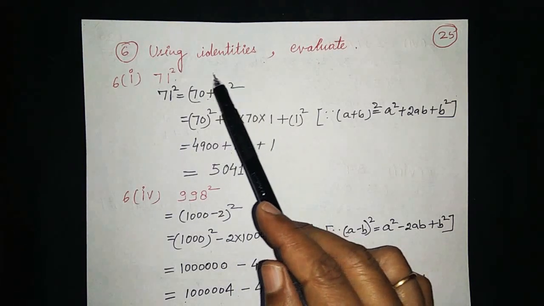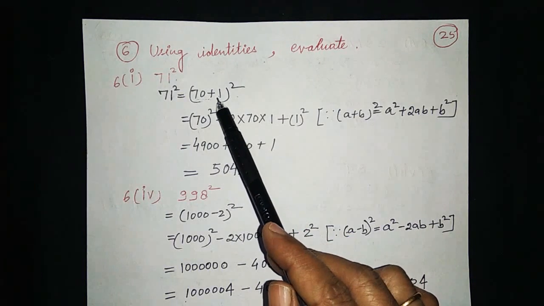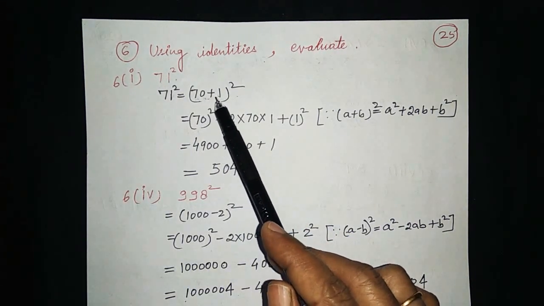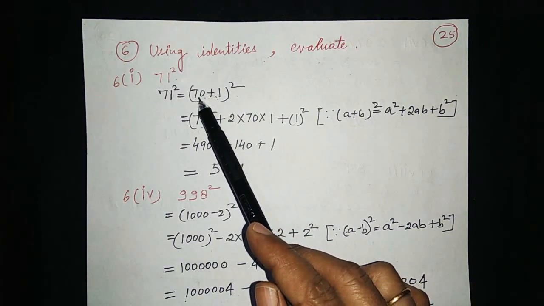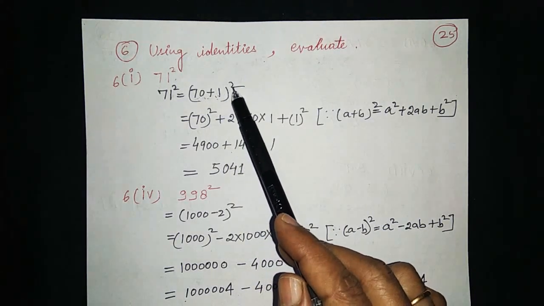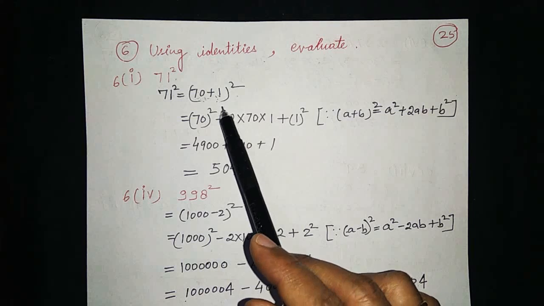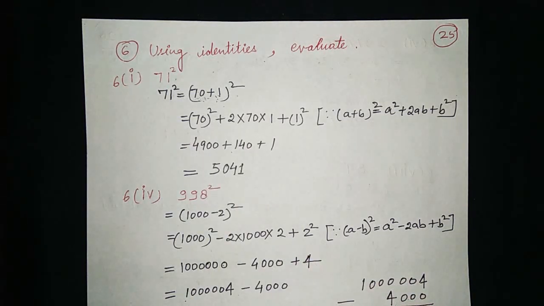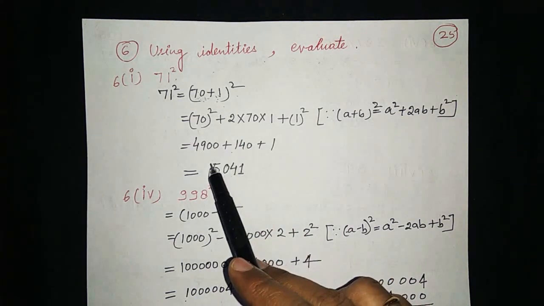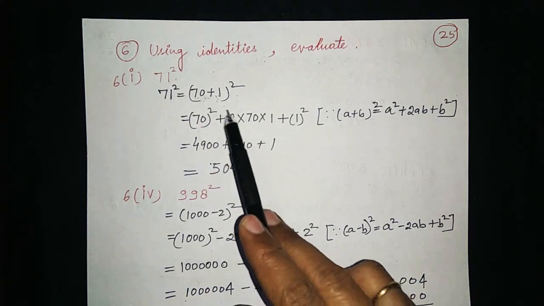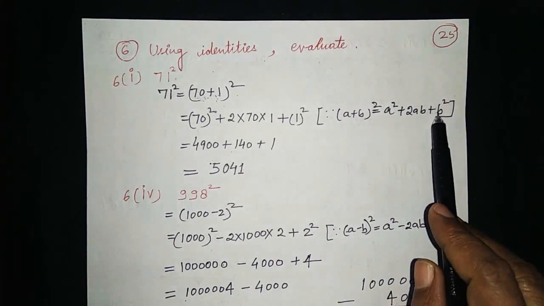But here you can see, now it is in the form of the identity A plus B whole square. Now we will apply this identity. Before simplifying this, we will write the identity here.